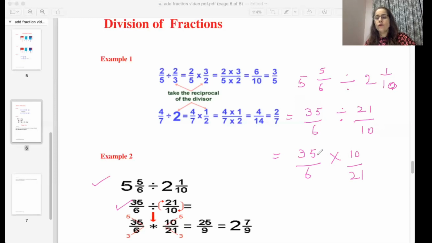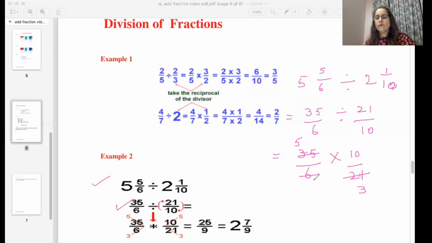So now we will see which is the common factor between these two numbers. Yes, so 7 is the common factor. So 7 divides 21 and also 35. So 7 5s are 35 and 7 3s are 21. So now we can move further.